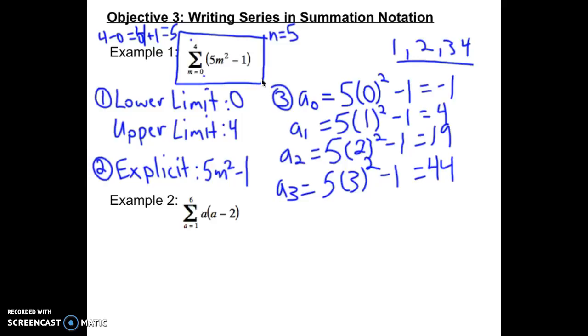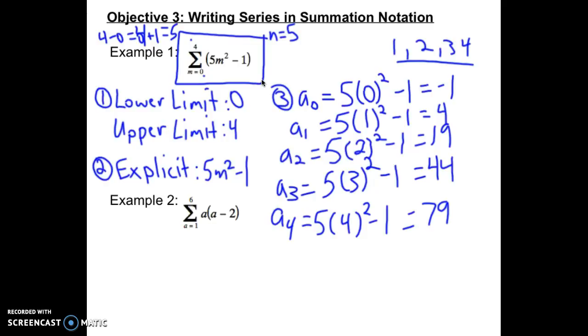And then the fourth term, 5 times 4 squared minus 1 equals, 4 squared is 16, 5 times 16, oh, that might be out of my ability in my head. 5 times 16 is 80, minus 1 is 79.